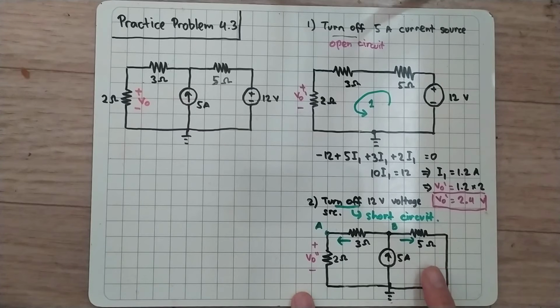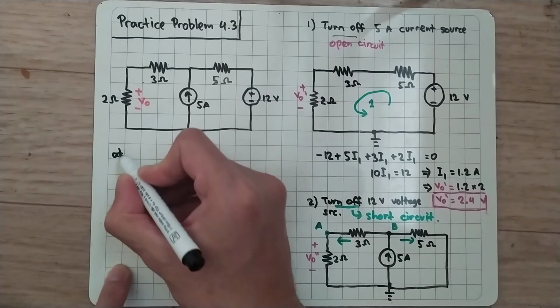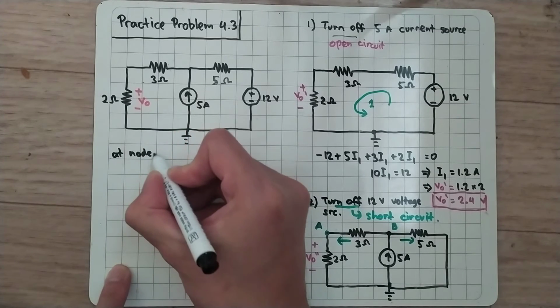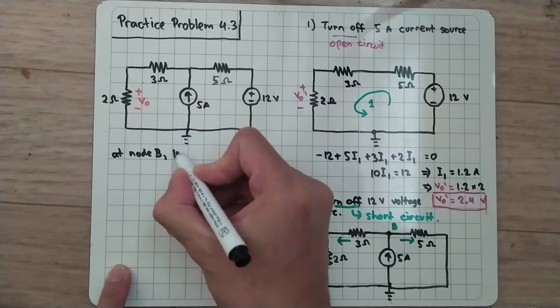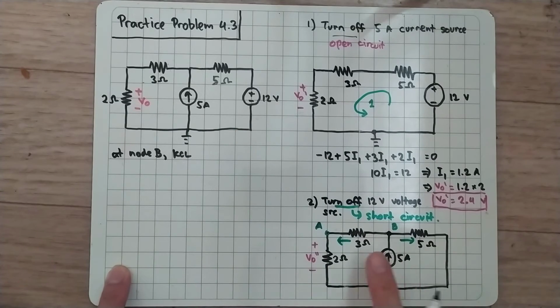Now what can we do here? Okay, let's see. At node B, we are using KCL. KCL says that the sum of the current that goes in is equal to the current that goes out.